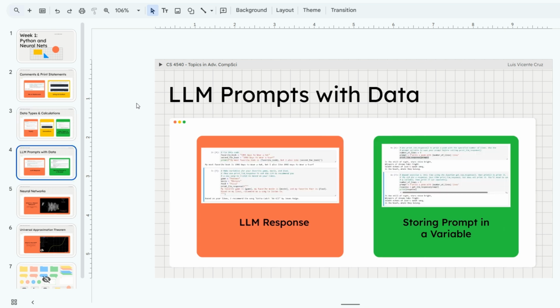And then the newest portion of the introductory course, the one that holds the most, well, I would say the most value, is the introduction to LLM prompts with data. We start off the course with learning how to import the library, the database for LLM prompts, into your Python code.